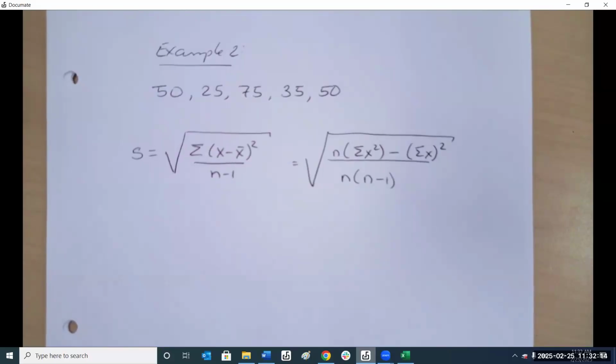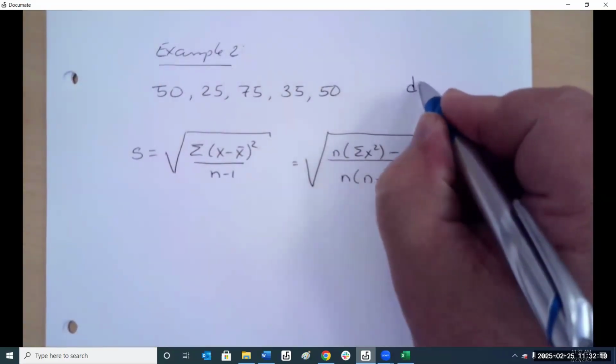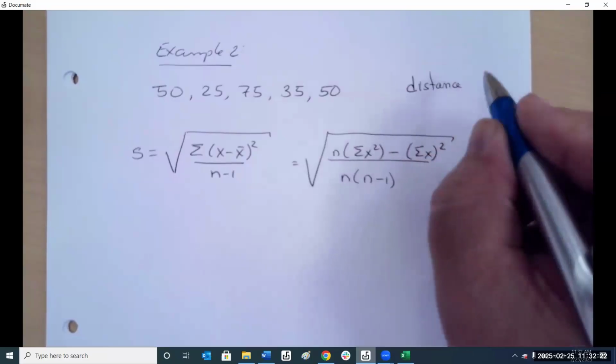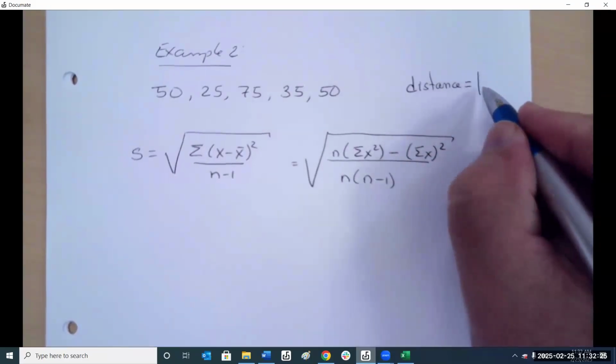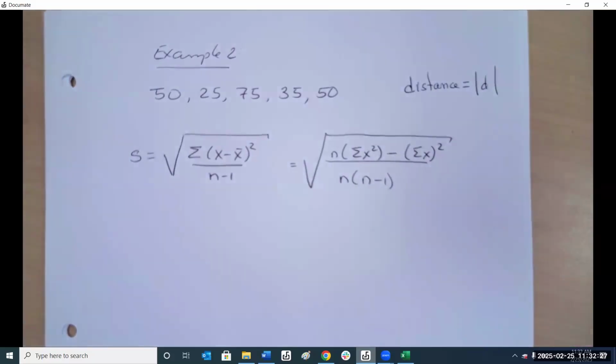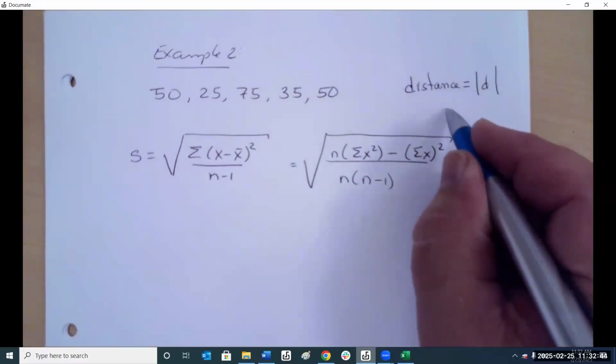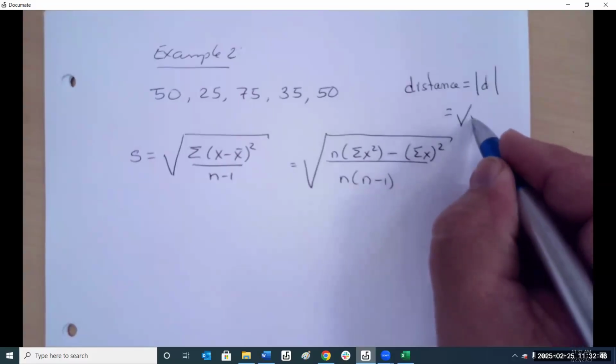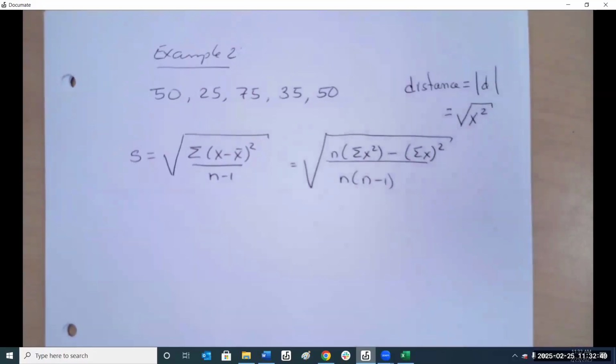If you ever took algebra, we learned that distance is equal to the absolute value of how far the things are apart. It's always an absolute value. Why? Because if you have a value and it's to the right, it's positive, it's to the left, it's negative. But we're looking at how far they are away from each other. What is the formula for absolute value? The formula for absolute value is the square root of x squared.